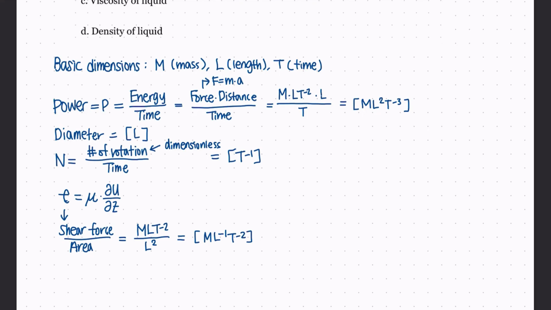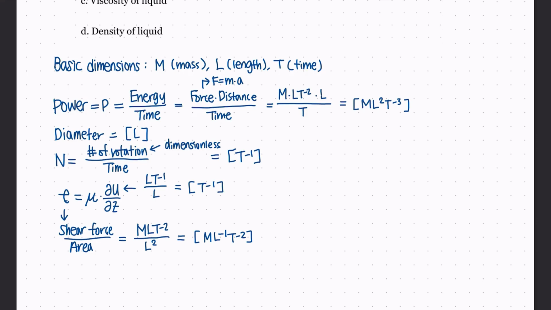We can also write the dimensions of partial derivative of velocity profile. Velocity is L times T to the negative 1, and z refers to the length, so we can simply write this equation as T to the negative 1.